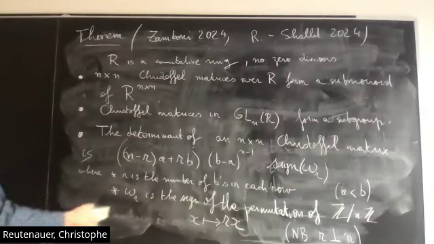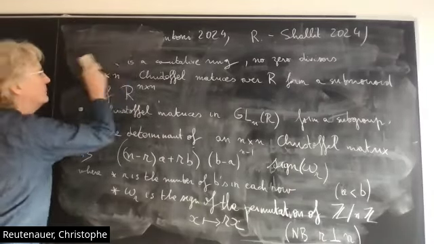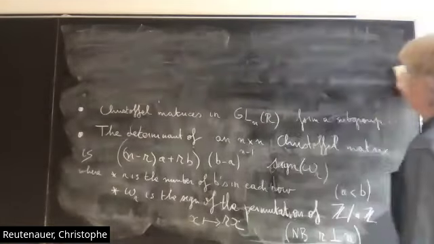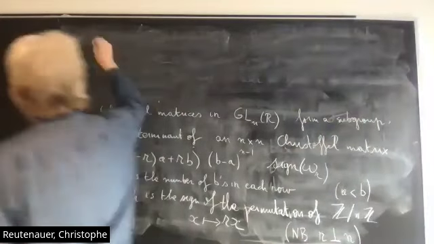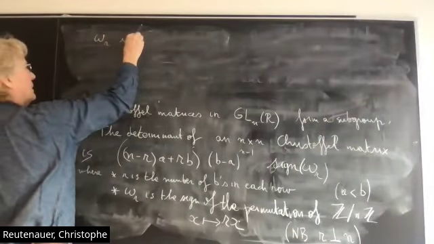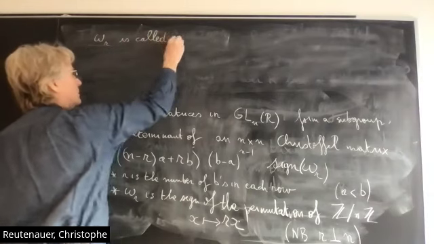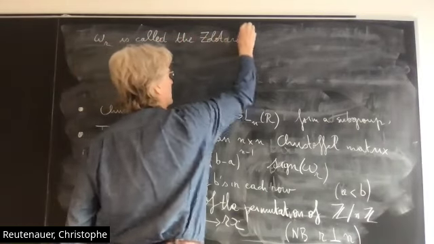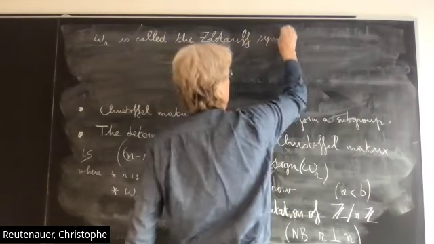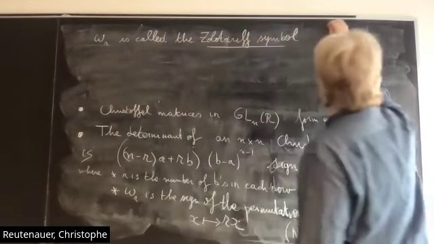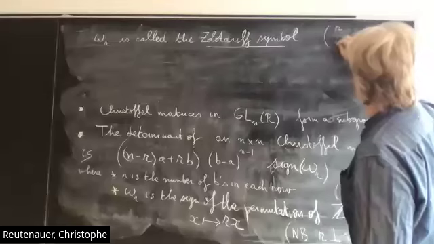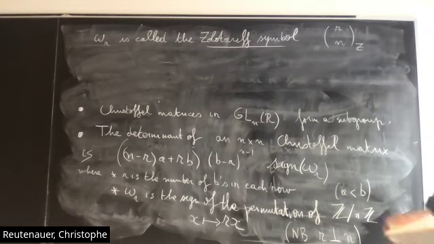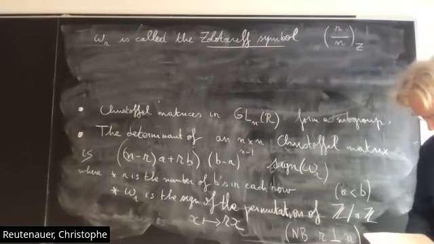I want to give a remark on omega r. Omega r is called the Zolotarev symbol. It's sometimes written like this, (r/n), with a line here.